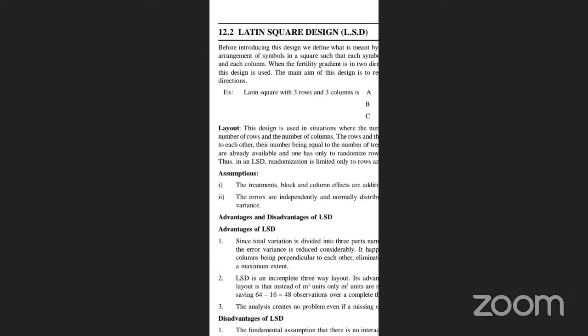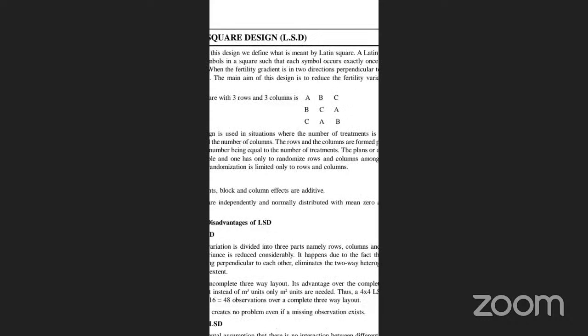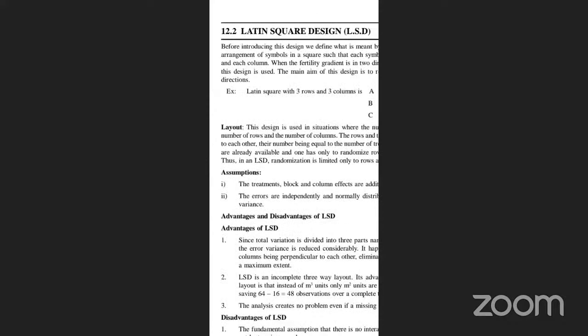When the fertility gradient runs in two directions perpendicular to each other, this design is used. The main aim of the design is to reduce the fertility variation in both directions.